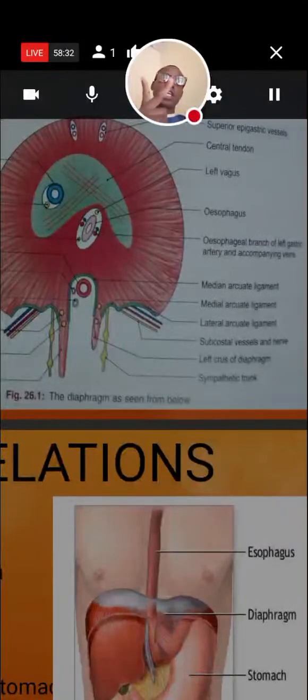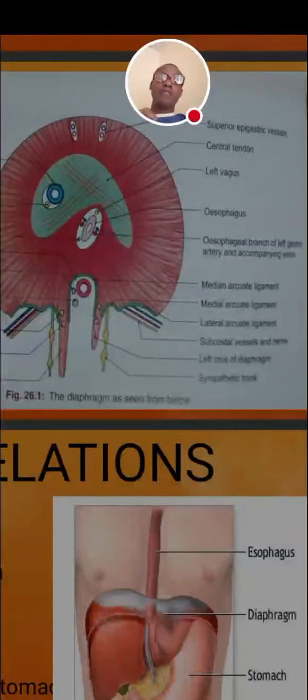The left crus is the longest, because you have the L1, L2 bodies, the anterior body, and the intervertebral disc. Then moving away from there, we talk about the right crus.